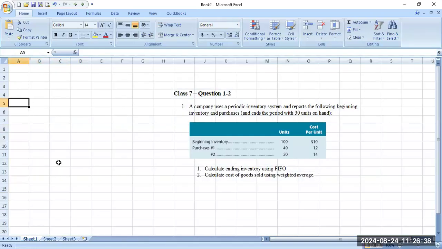Beginning balance. Our inventory, we have number of units and cost per unit. And then that brings us to the total cost. Let's go one after another.